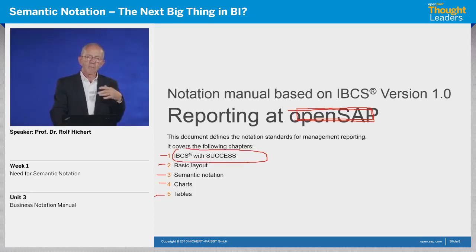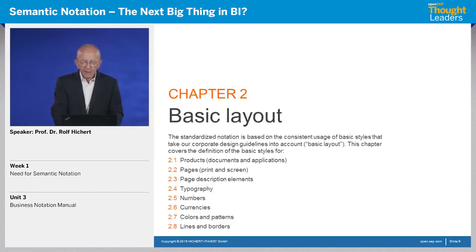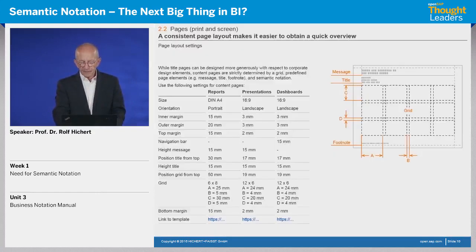I would start with a basic layout. We have some basic rules of how to design our content, similar to the corporate design manual. It's about the grid, about typography, about numbers, lines, and so forth. Let me select a few pages out of this chapter.